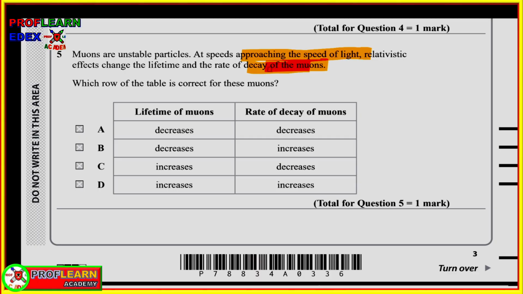The lifetime of the muon increases and the rate of decay decreases. So the correct answer for question number 5 in this case is going to be C. The lifetime increases but the rate of decay decreases, because now they have a longer lifetime.